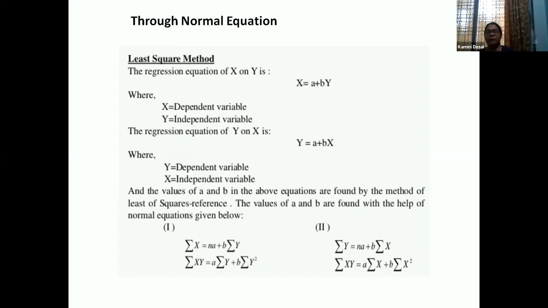I am telling you this because if you want to write some information about the linear regression method, you have to write how to find the least square method: what is the regression equation, what is the regression equation of x on y, and what is the regression equation of y on x.